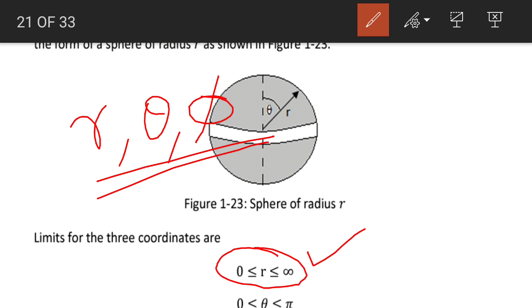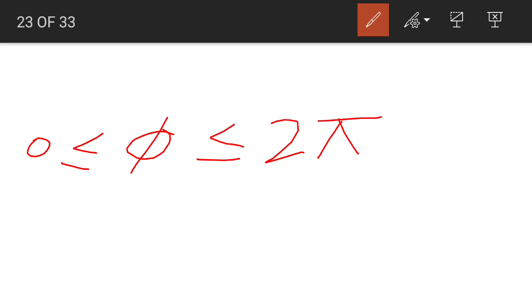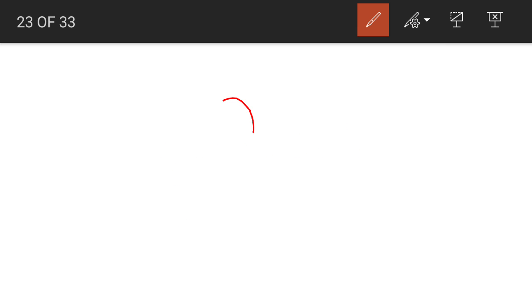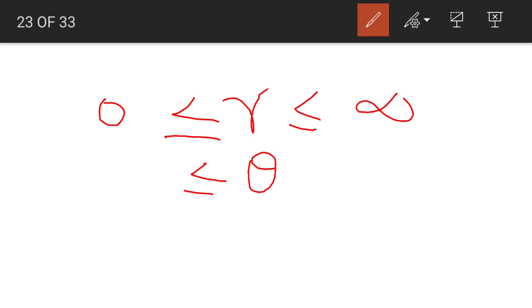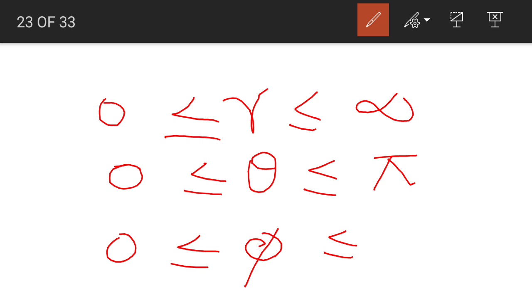These are the universal limits for this coordinate. R extends from 0 to infinity, theta extends from 0 to pi radian, and phi extends from 0 to 2 pi radian.